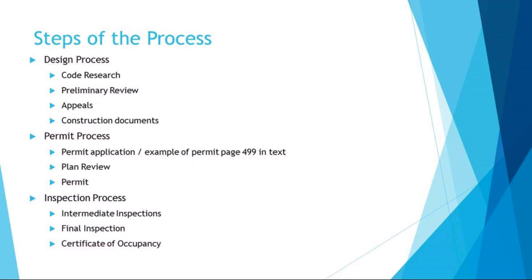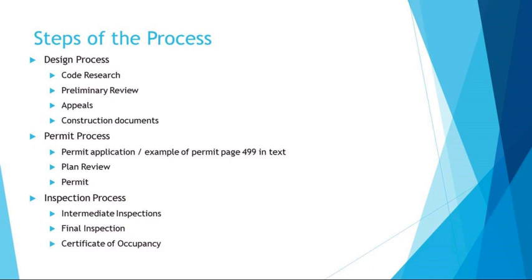Once all of this is done and everything's outlined, then you will have construction documents. You will complete your construction documents if you're a designer, and you will turn that complete set of working drawings or construction documents in to the city, your city building inspector, and it will go through the process of trying to get a permit.